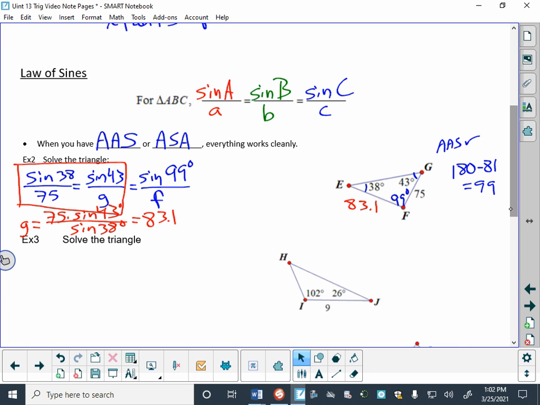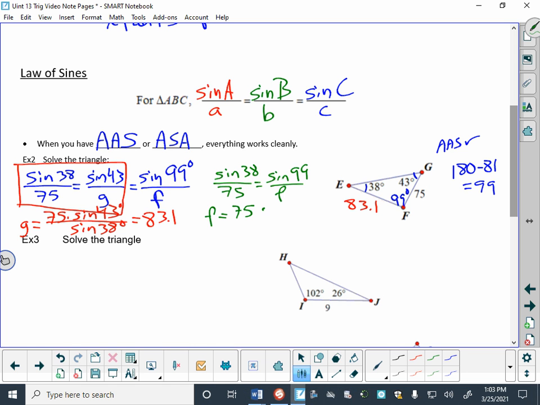So for F, I'm going to ignore this one in the middle, and I'll do sine 38 over 75 is equal to sine 99 over F. When I do my cross multiplying, it's going to tell me that F is equal to 75 times the sine of 99 divided by the sine of 38.